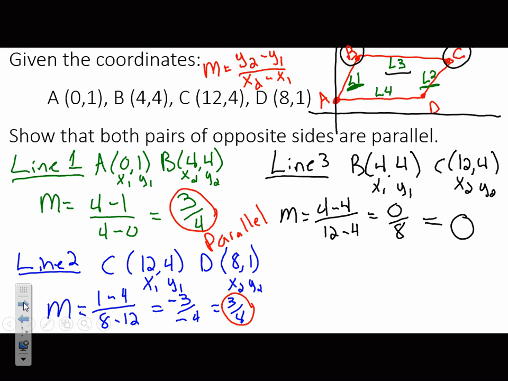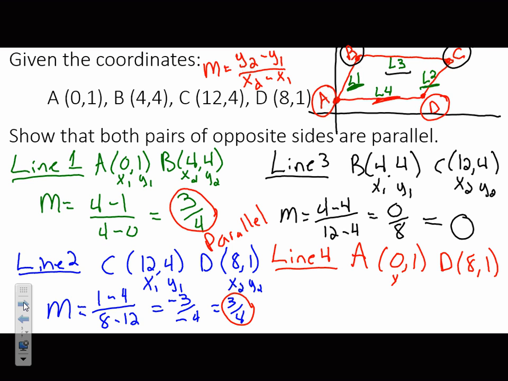Do the same thing for my line 4. Line 4 is right here. I'm going to use A and D. A is (0, 1), and D is (8, 1). So this is my x1, y1, x2, y2, and I'm going to plug this in. m equals 1 minus 1 all over 8 minus 0.